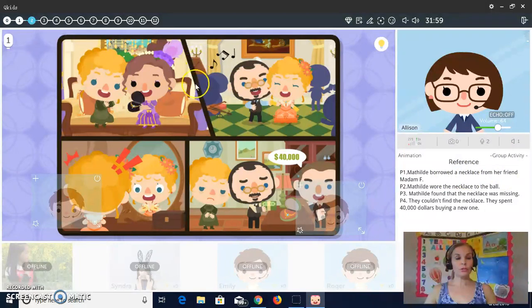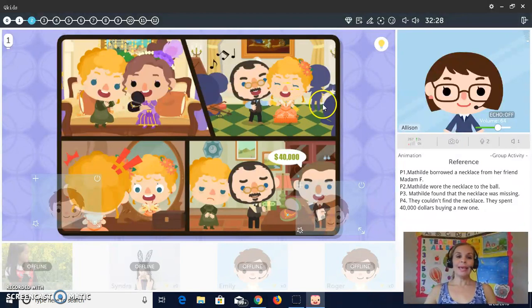So for the first one here, I will say, okay, Amy, what's going on in this picture? And she'll say something like, well, Matilda borrowed a necklace from her friend, Madame F. And I'll say, that's right. And then in this picture, what are they doing, Eric? And Eric will say, they are dancing at the ball, and she has on her ball gown and the necklace that she borrowed.